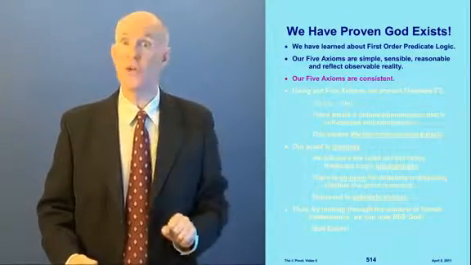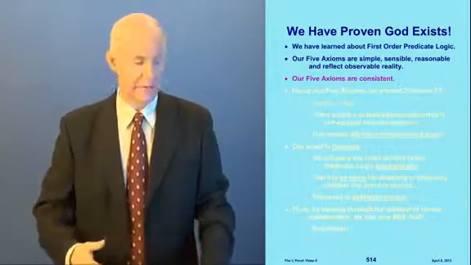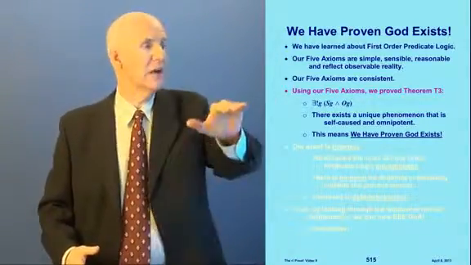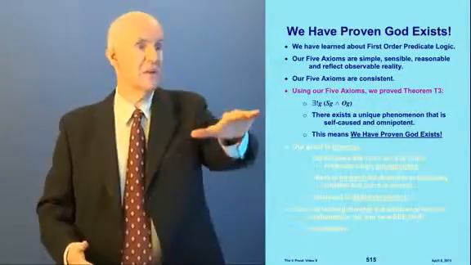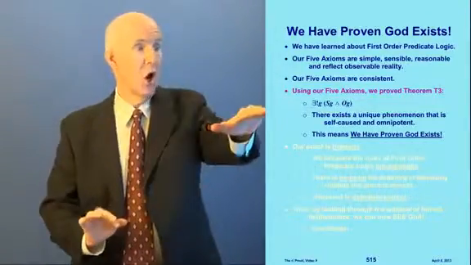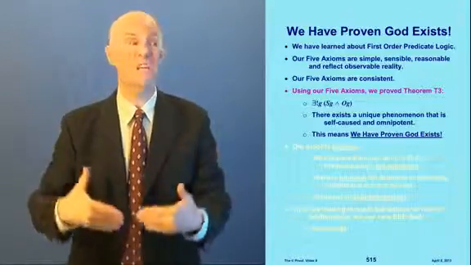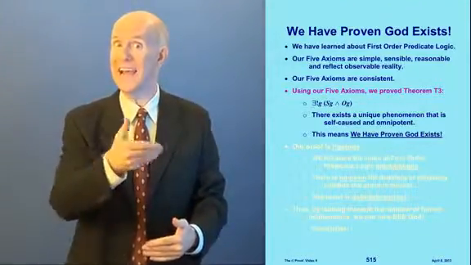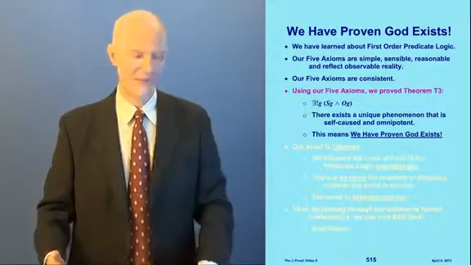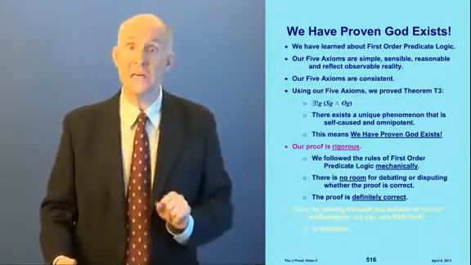We've shown that our 5 axioms are consistent with one another. And using the 5 axioms and first-order predicate logic, we have proven Theorem T3, which says there exists a unique G such that SG and OG. In other words, there exists a unique phenomenon that is self-caused and omnipotent, which means we have proven that God exists. And the proof is rigorous.